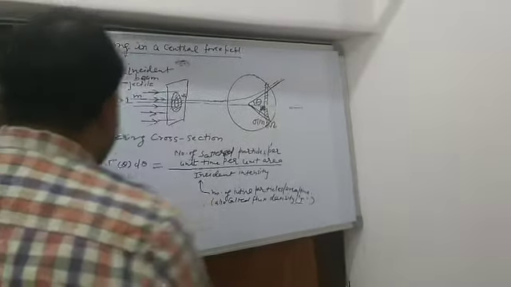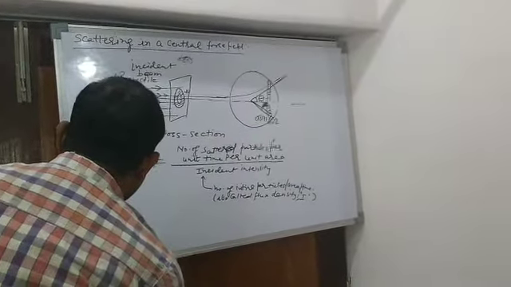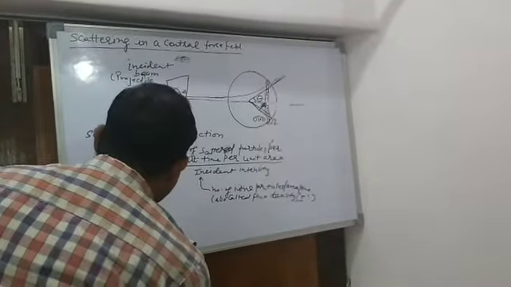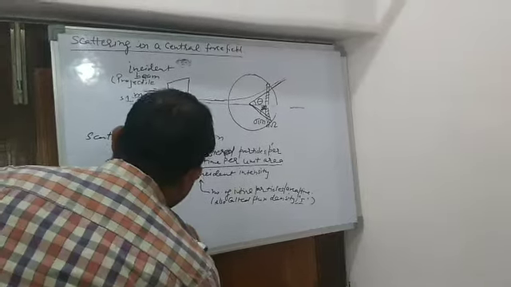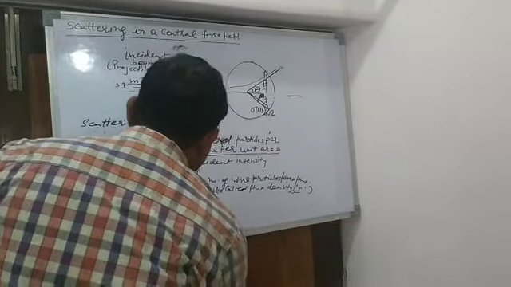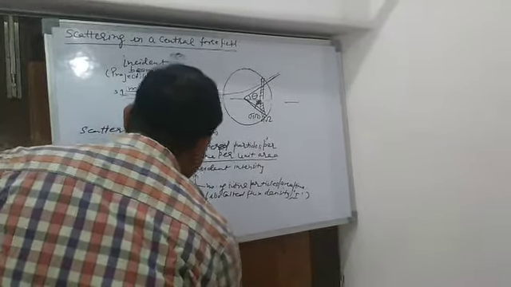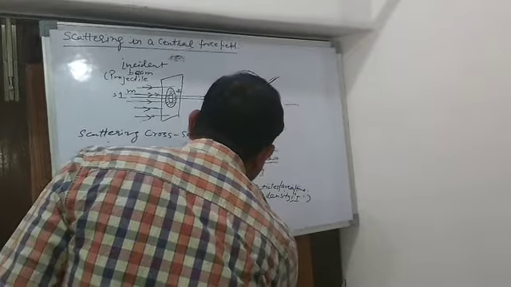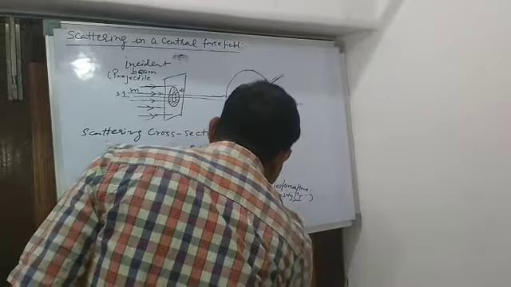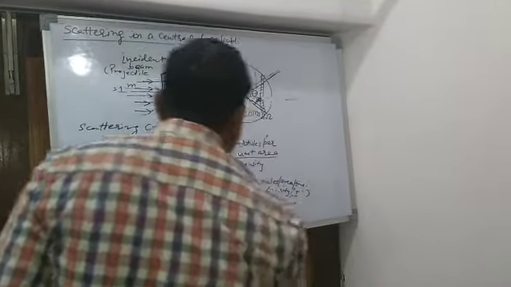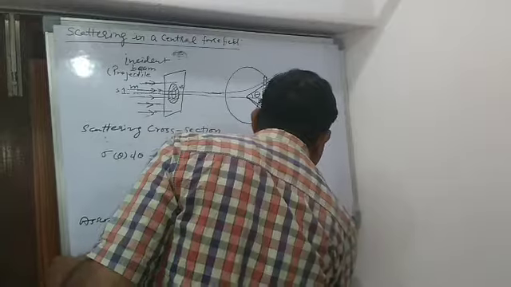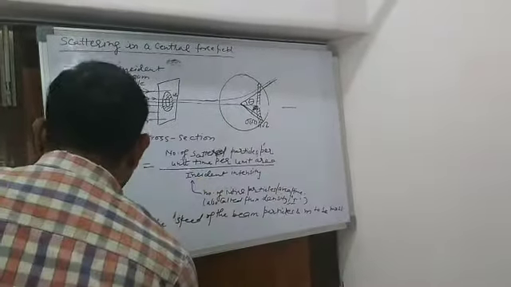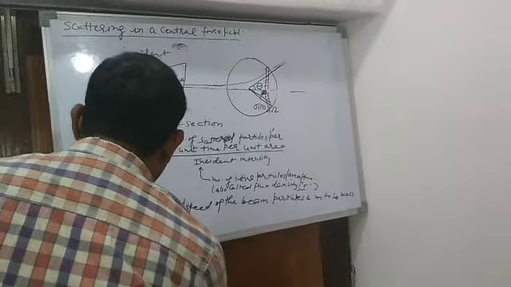So imagine we assume V to be the speed of the beam particles, and m to be the mass of the projectile particle.